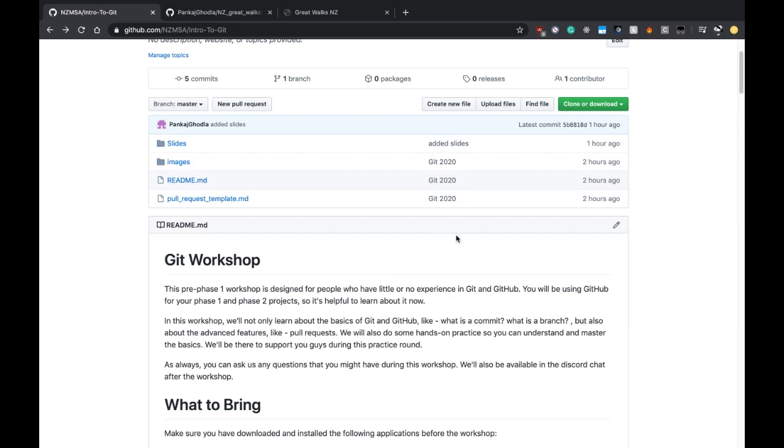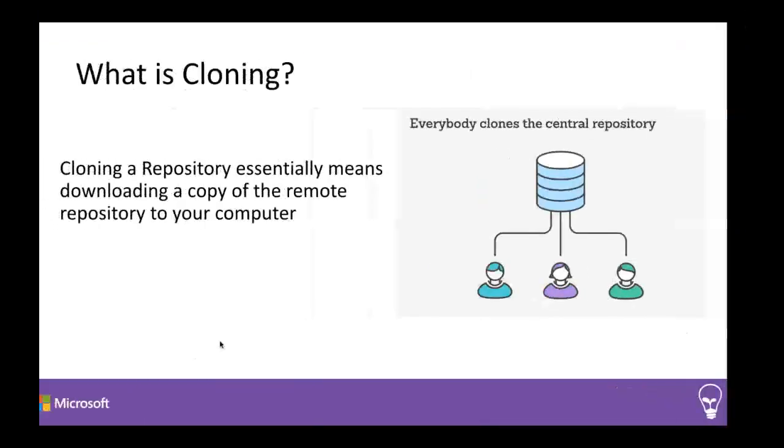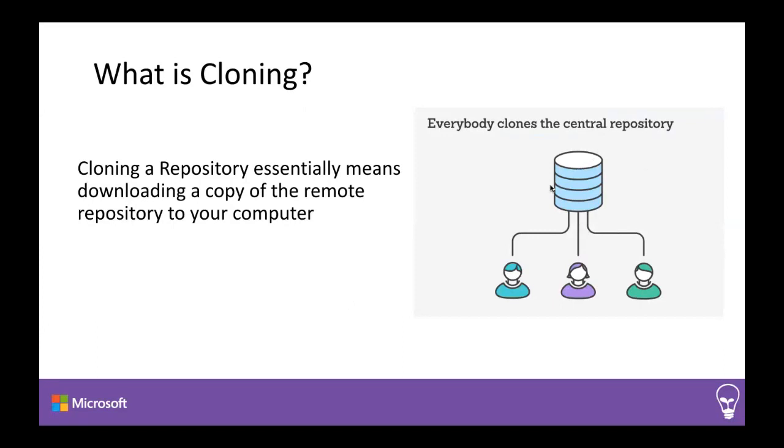If you just downloaded it normally, Git wouldn't come pre-initialized in the file that you download, and then you would have to tell the computer that you want to use Git on this downloaded folder. So that's the main difference between downloading and cloning. But cloning essentially means that you download a remote repository to your local machine. You can see over here, this is your remote repository, and all these contributors just download the repository onto their local machine.